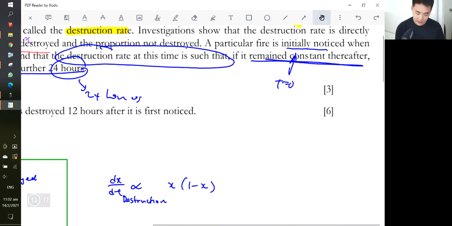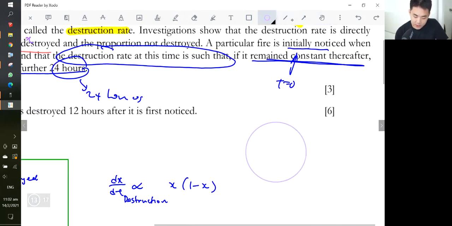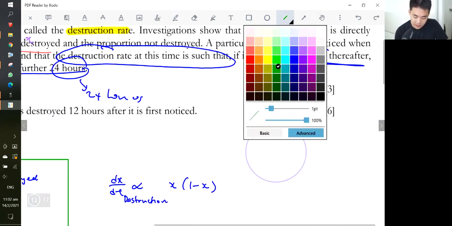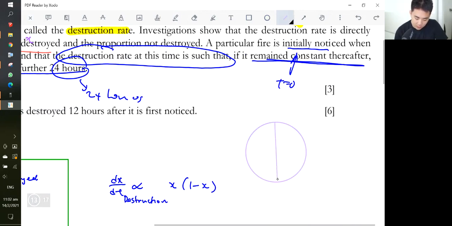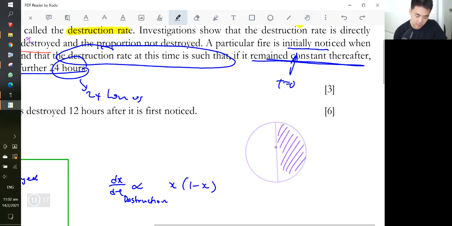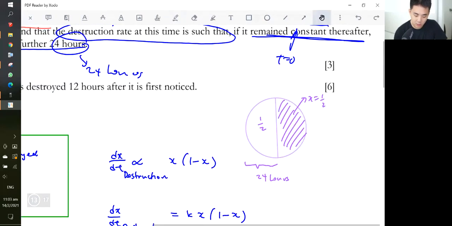Okay, so I repeat. We use a circle, which is the easiest way to understand half. When you talk about already half of it destroyed, X is half, and the non-destroyed part is half. You take 24 hours to burn this. At this juncture, if the rate is held constant, and we know that the rate will not be held constant, but if it is held constant, you will require another 24 hours to burn it.